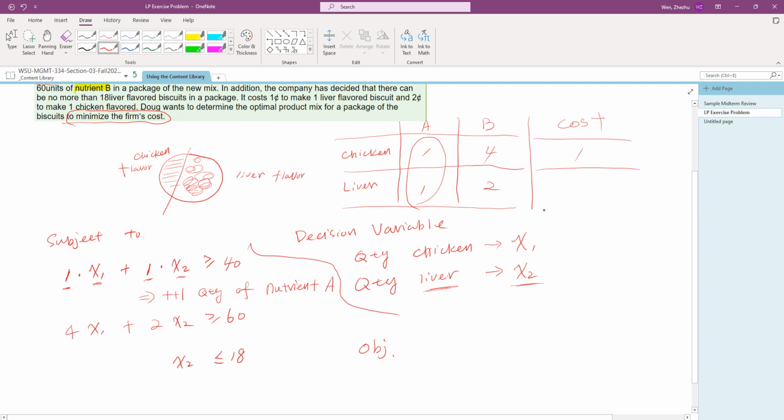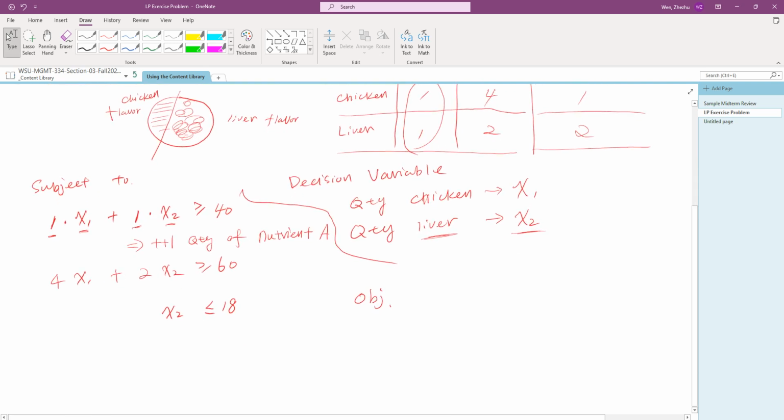Cost for liver flavored is 2. Liver flavor is 2 cents and chicken flavor is 1 cent. So your total cost will be 1 cent multiplied by the number of chicken flavored plus 2 multiplied by the number of liver flavored biscuits.